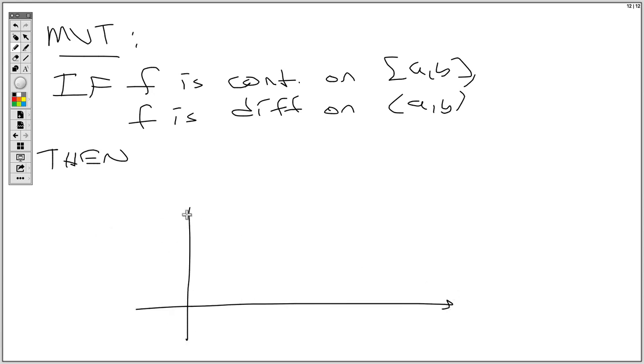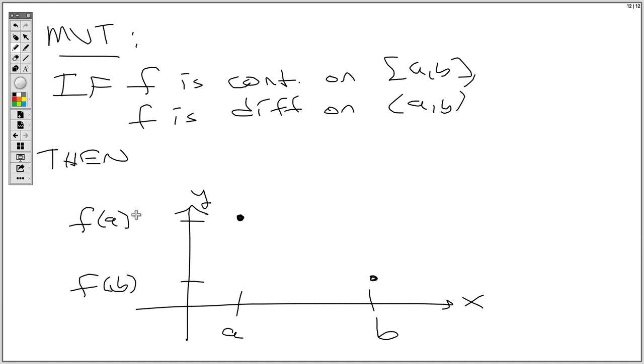So now the function could be at different places, A and B. So maybe f of A is here and f of B is here. F is continuous and differentiable, so I have to connect the dots here with a smooth connected curve.